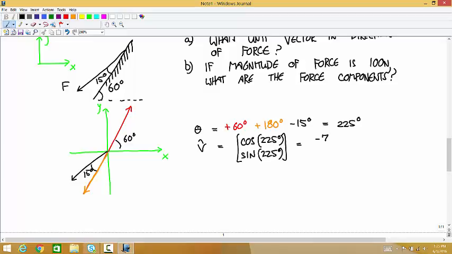Oh, yeah, duh. I've only seen that angle before like 100 million times. And this is also. Okay, maybe not 100 million, but a lot. Okay, so that's the unit vector. Anybody have any questions about that?